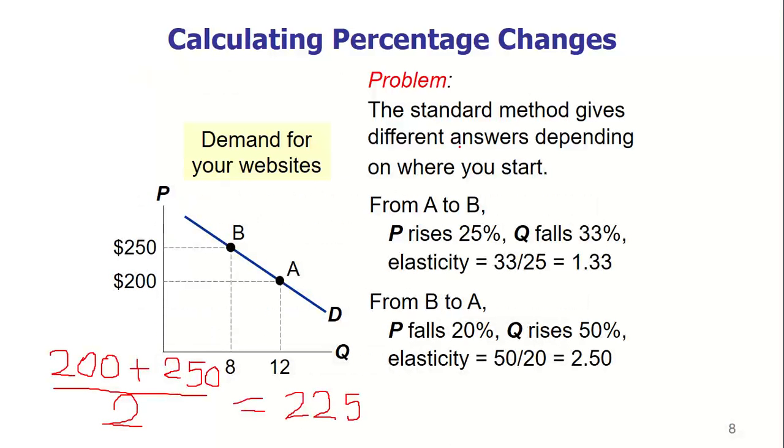Likewise, if we put the end value in start, that is, if we add 250 plus 200, divided by 2, again the answer is equal to 225.